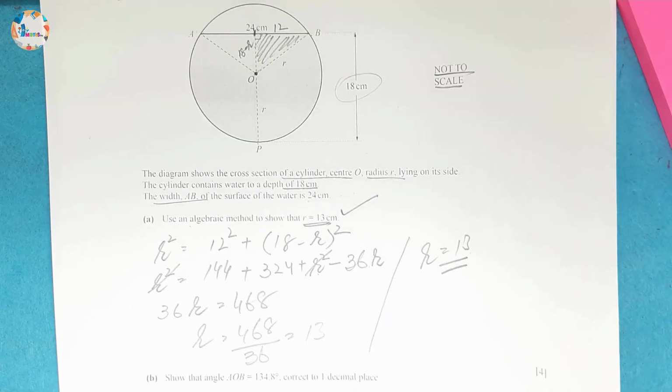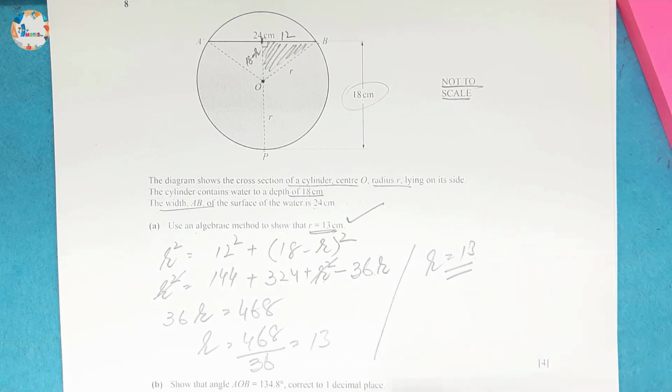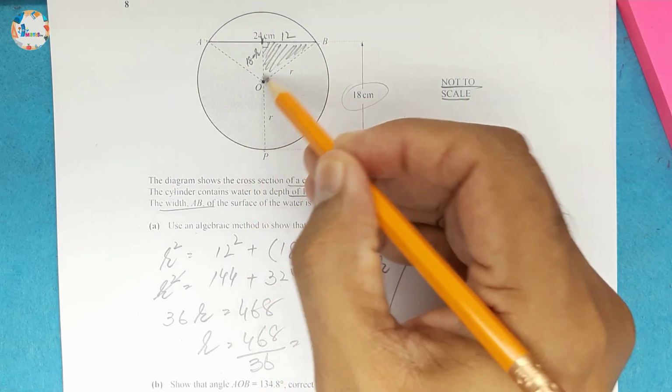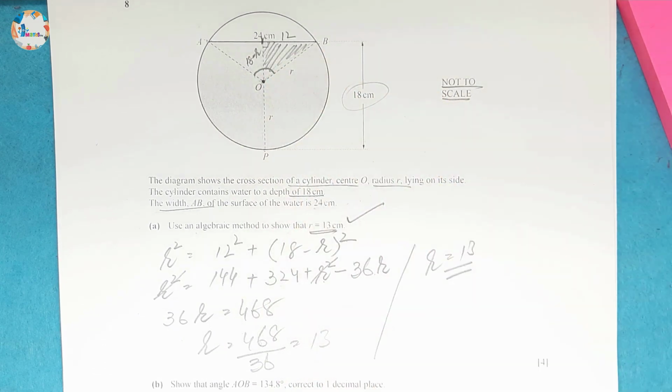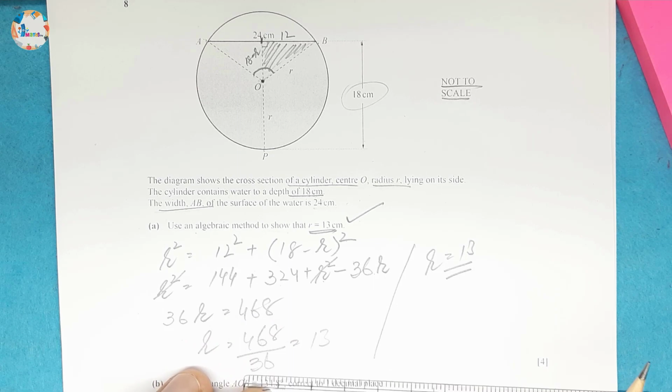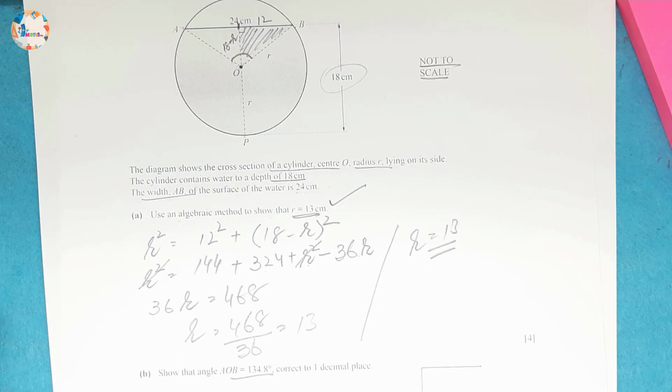Now the B part: show that angle AOB, this complete angle, is this. Basically we will be considering the triangle. I will draw the triangle separately over here for your explanation, so I will move the page so that you can see.